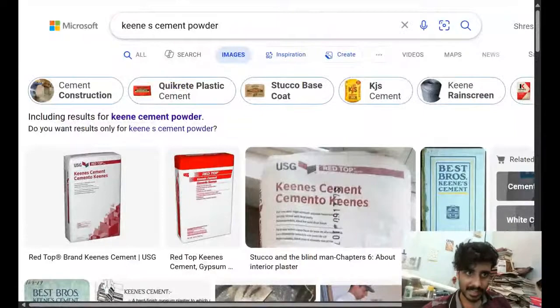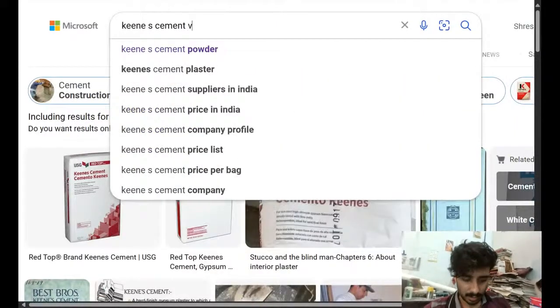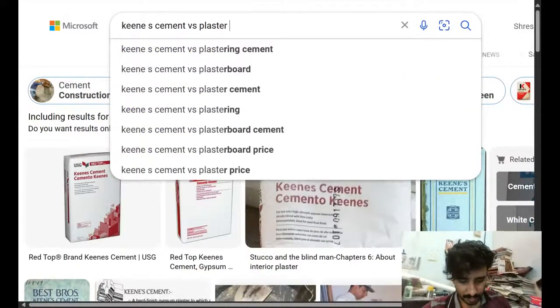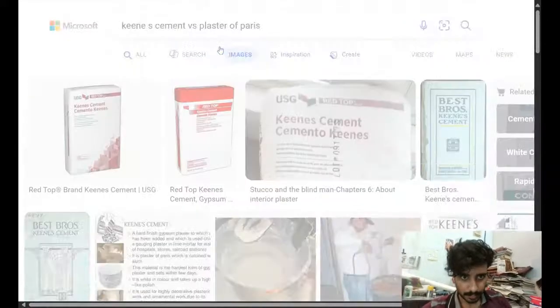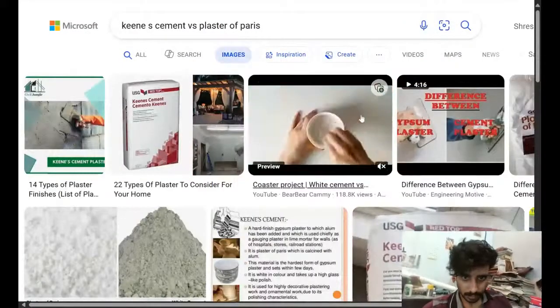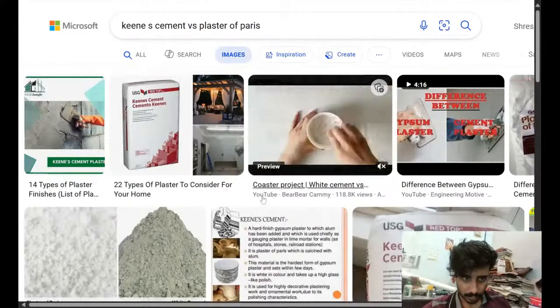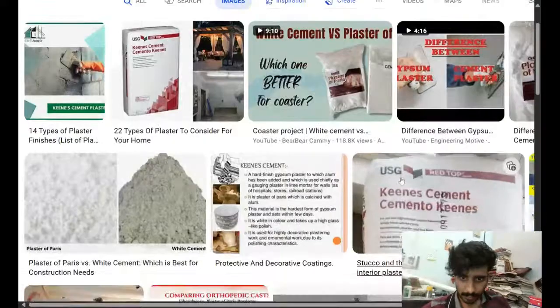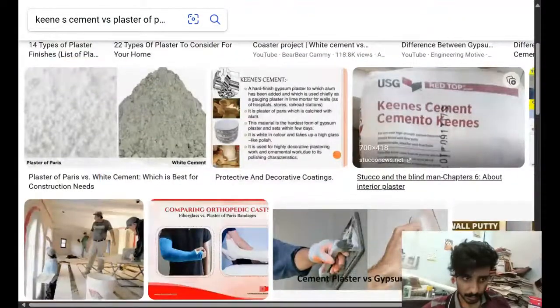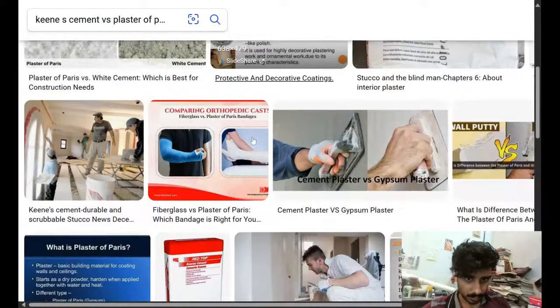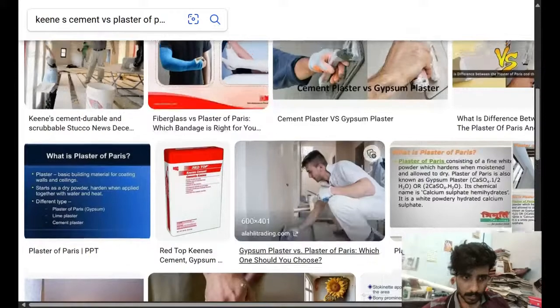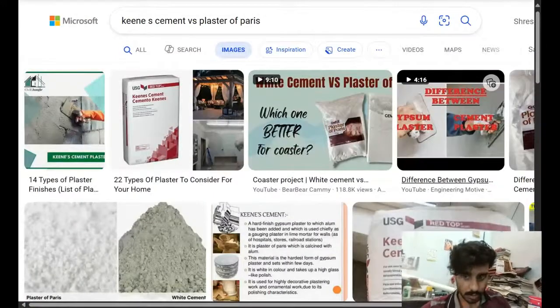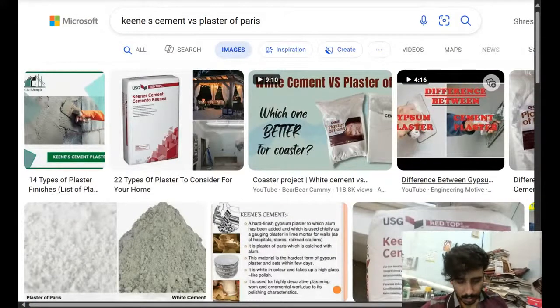Now let's search Keen's cement versus plaster of Paris.